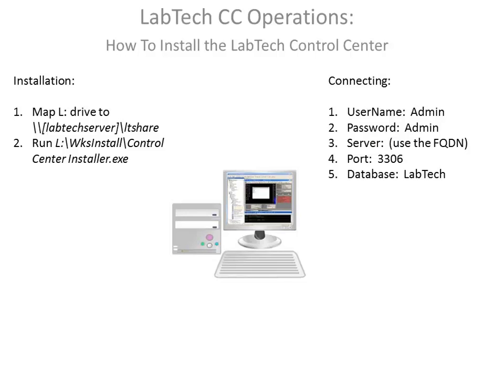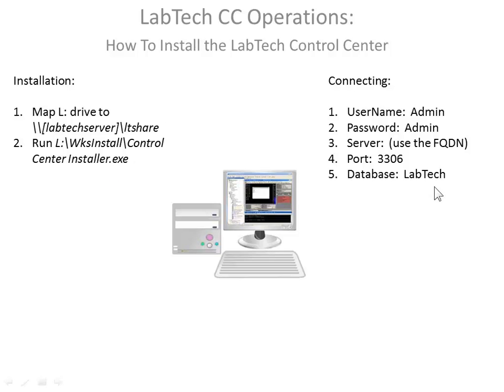And here are some notes. It says what I just described here: map your L drive to the LT share directory of your LabTech server, and then run the control center installer executable from the WKS install directory.